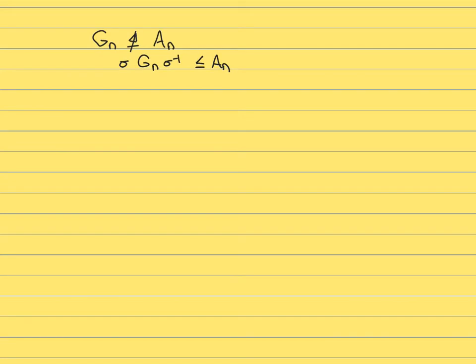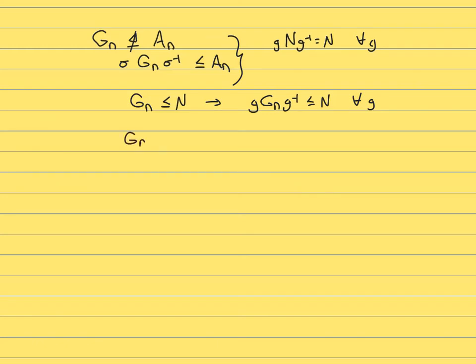And since n is closed under conjugation, what we get from here is that since Gn is going to be a subgroup of our normal subgroup, all these conjugates are as well. And so, remember, this is the permutations that fix n.